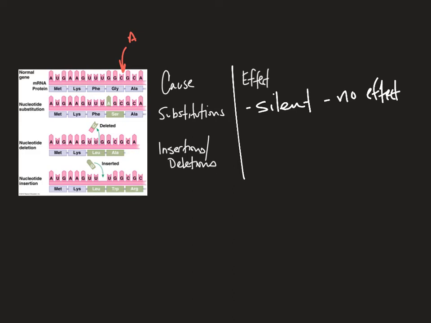Okay, so another type of mutation is a missense. And missense causes a switch. So this is a single switch.